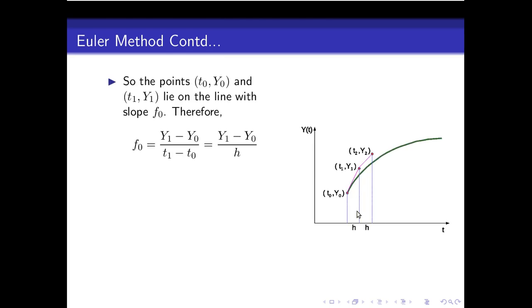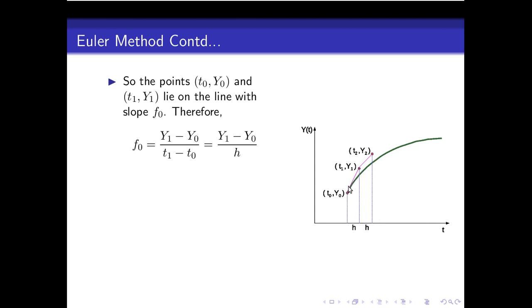So we start at t0, y0, and we move along this straight line and reach t1, y1. What is special about this straight line? It is the tangent of this curve at the point t0, y0. Since we know the tangent from f(t0, y0), which is f0, we know the slope, so we move along this line and reach t1, y1.